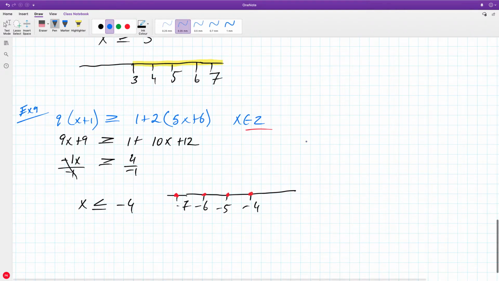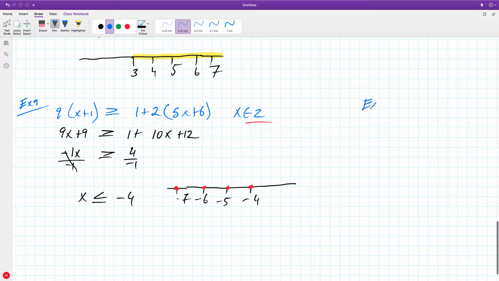The reason we're jumping onto these is what we do when they're quadratic. What I want you to do is solve and graph for me: x squared minus 2x minus 8 less than or equal to 0.